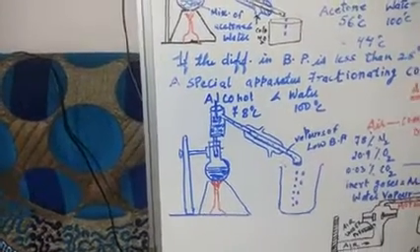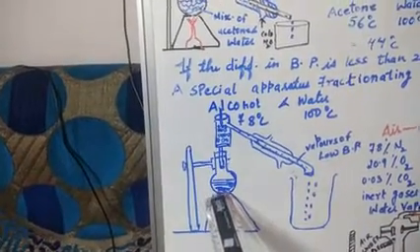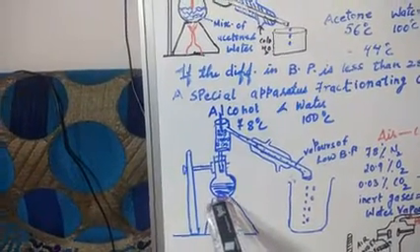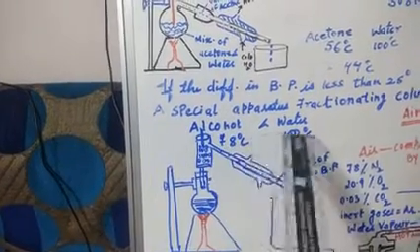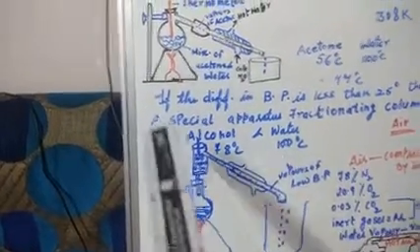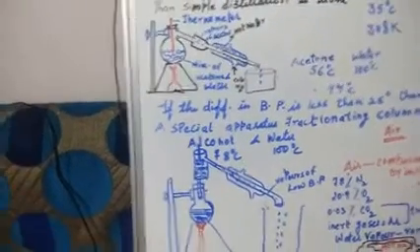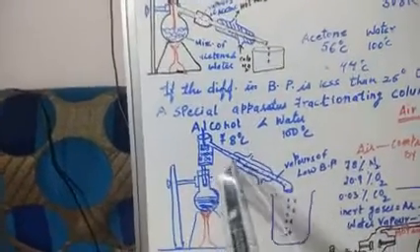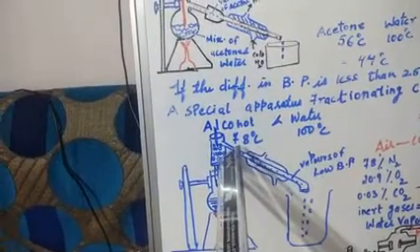So what is done here? As this mixture of alcohol and water is heated, firstly which will evaporate? Alcohol will evaporate. But since the difference in boiling point is less, some water molecules also evaporate, because the rise in temperature is so fast that some of the water molecules also get evaporated.